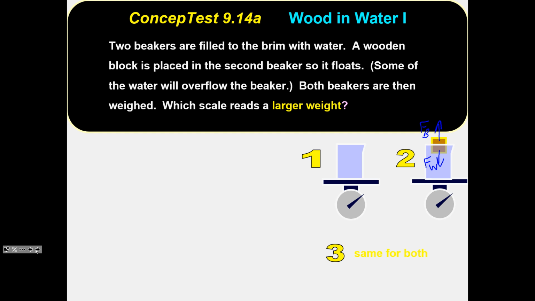So you lost that water that the block displaced, and it is the weight of that displaced fluid that is the buoyant force, which is also equal to the weight of the block. So in this case, we lost enough water to equal the weight of the block. So these two scales, which one would read the larger weight? They would both be the same. So 3 is the right answer, C is the right answer here.